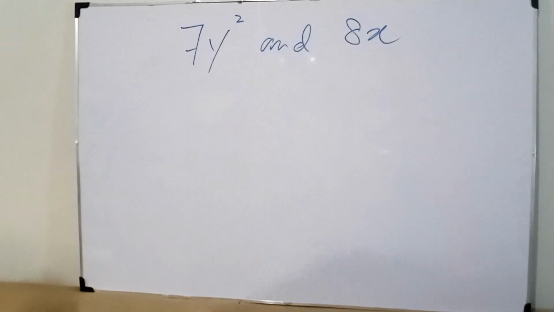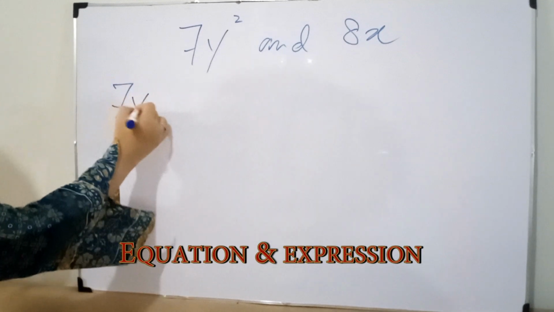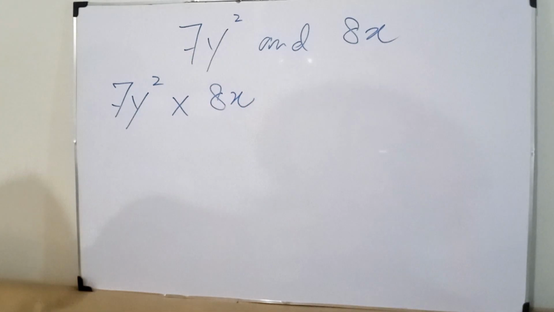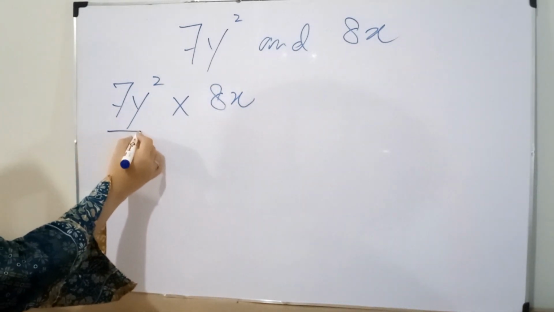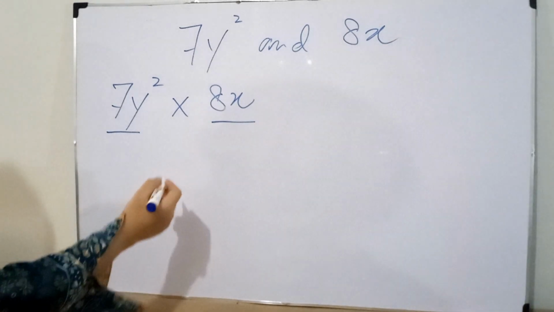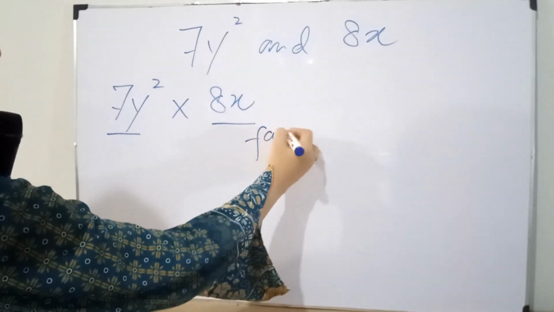If I write them with the sign of multiplication, these two become factors of each other, 7y square and 8x. The underlined parts are the factors.